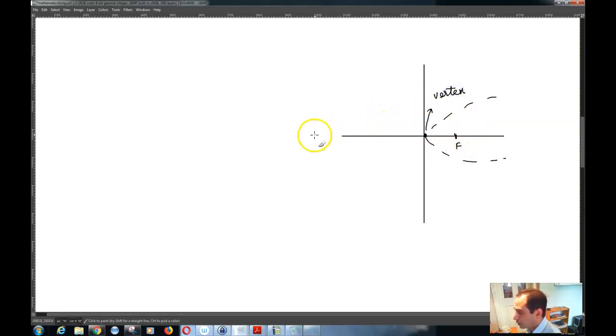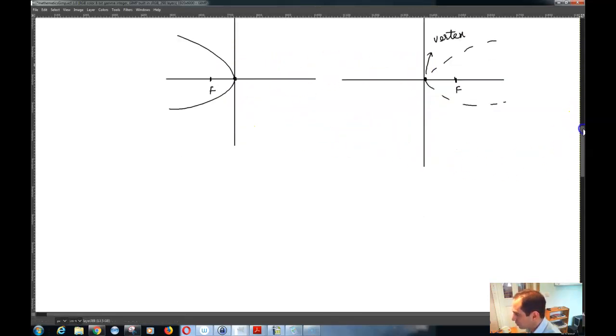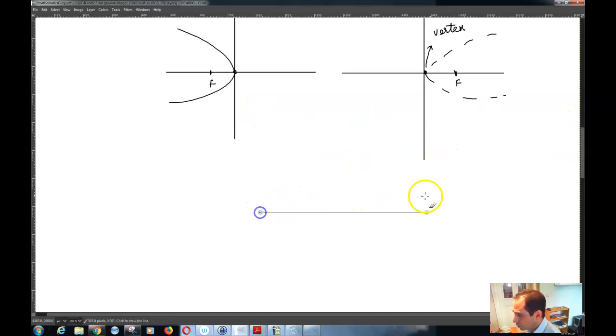Now suppose that you have another parabola over here, and here is your vertex, here is your focus. Now suppose that I somehow put the two xy planes together, and if I did so, I would get one single xy plane, and then the two parabolas put together this way.